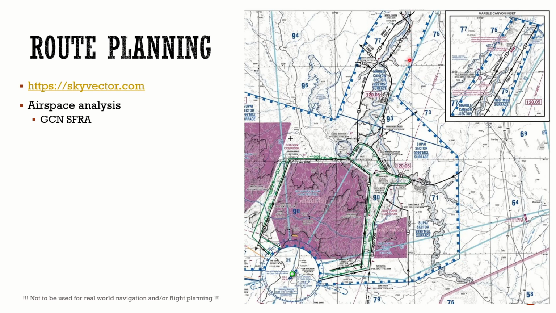So we will be entering from the north here, and we will be flying this route above 6,000. As you can see, there is the Colorado River, and we will be staying on the west side of it, so the right side, because on the other side we have the route back.